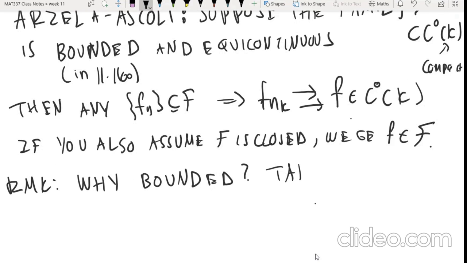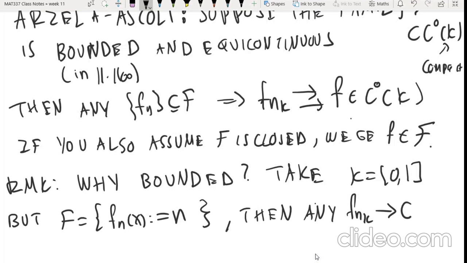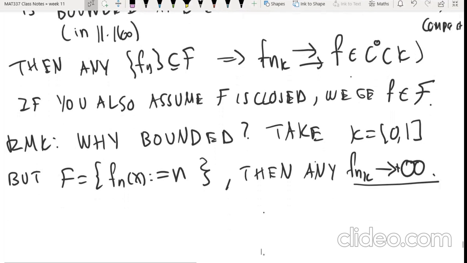Take K to be [0, 1], so you still are compact, but take F to just be the constant functions equal to n. Then any F_n on K goes to infinity. Okay, so that's why bounded.